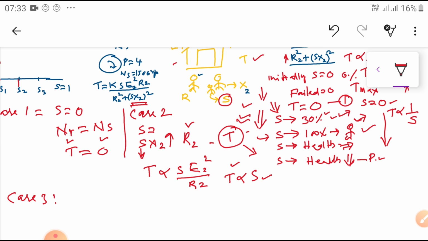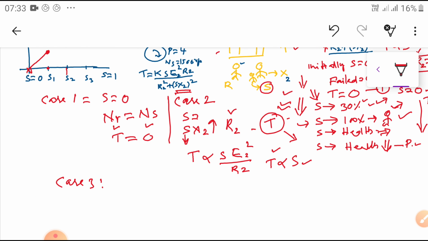When S increases, what will happen? Here in the third case, S increases such that when slip is equal to R2 by X2, that means the product S X2 equals the rotor resistance value R2, the slip has increased on the rotor by adding some load.